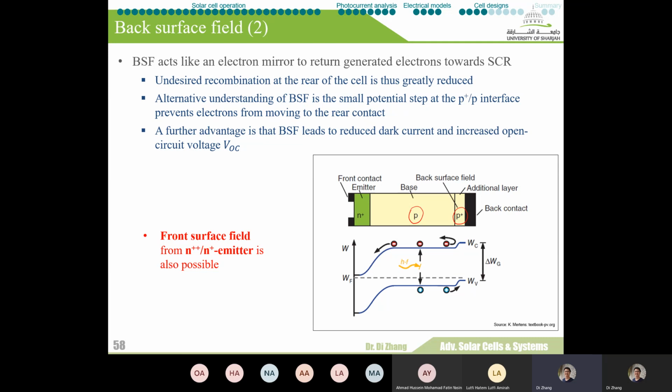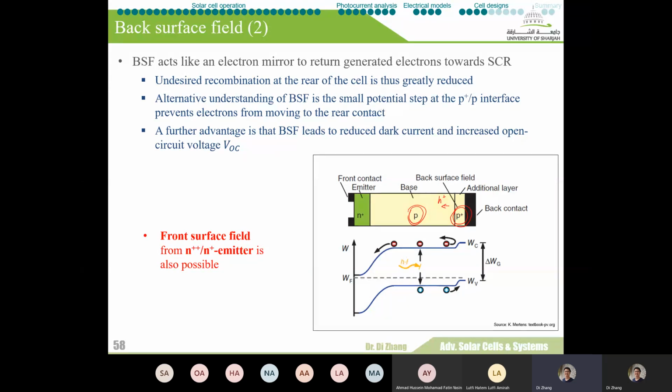Then how are we going to visualize the energy band? Very simple. Remember, this is a similar process as the PN junction. If you want to derive the energy band diagram and the electric field, you start from diffusion. For the back surface field layer, the p-plus layer, initially you have more holes compared to the base layer. So initially we are going to see holes diffuse from the back surface field layer to the base layer.